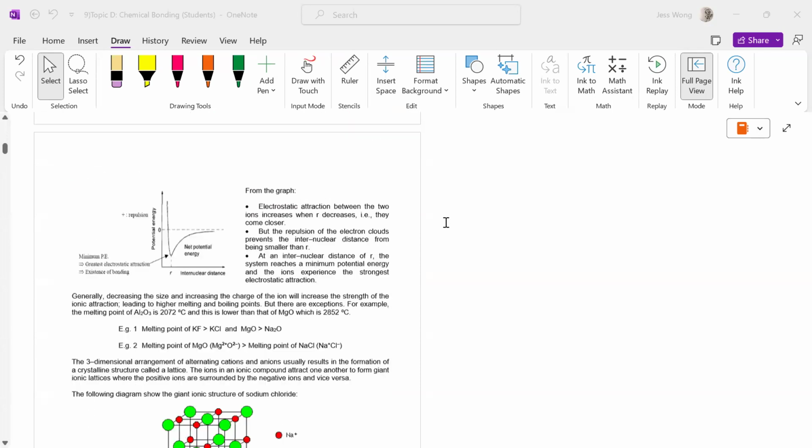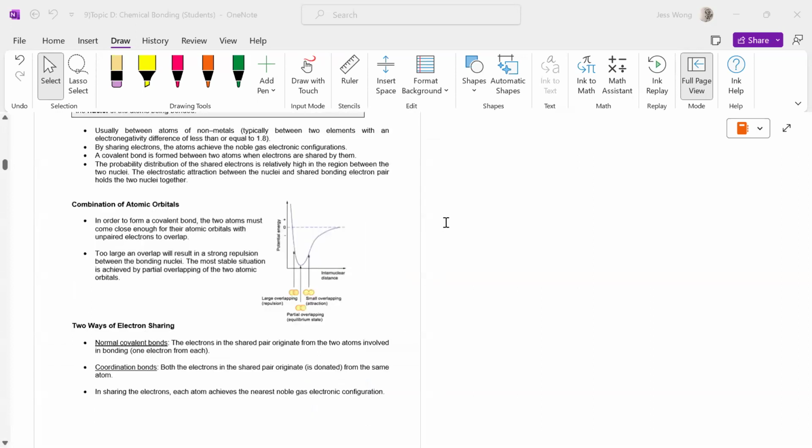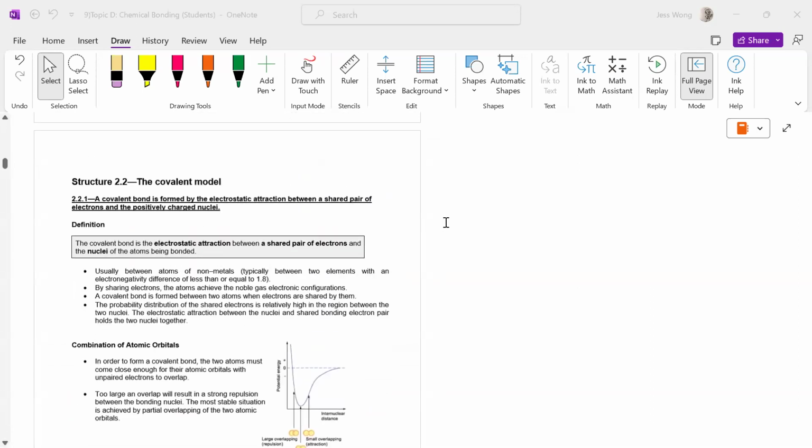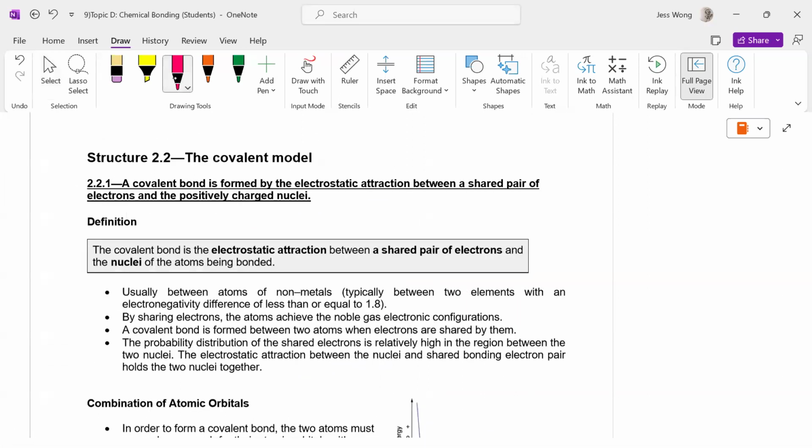So we will turn to page 8, which starts on covalent bond. Now, how do we know whether something is a covalent bond? Generally, in the past, we look at bonds between non-metals.